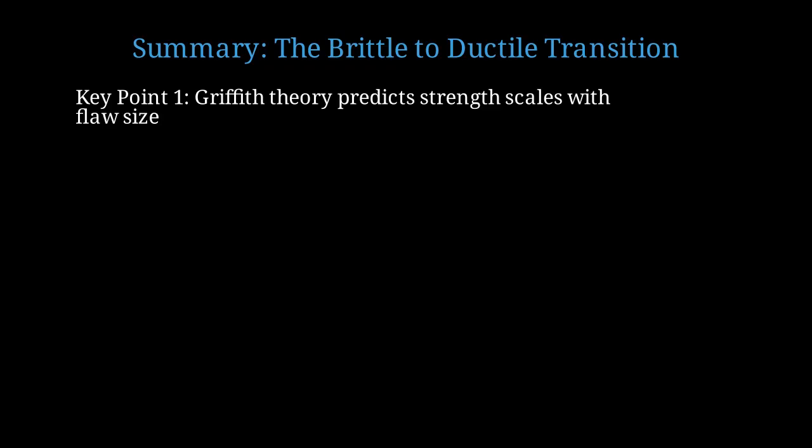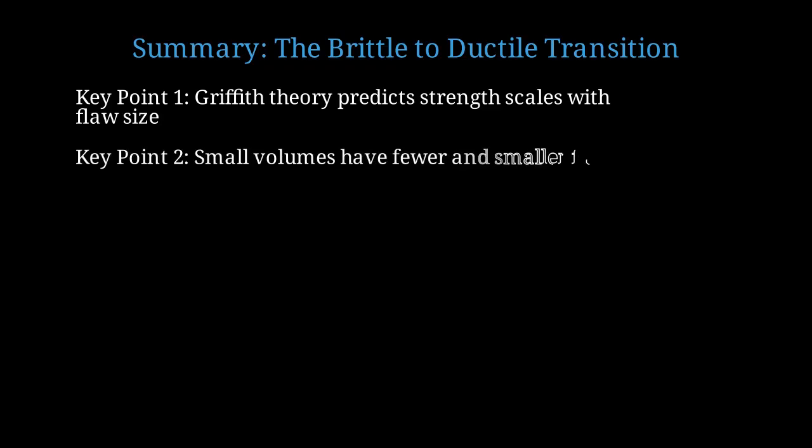Let me summarize the key points about the brittle to ductile transition in nanoceramics. First, Griffith fracture theory tells us that strength increases dramatically as flaw size decreases, with an inverse square root dependence. Second, small volumes have statistically fewer defects, and the defects that do exist are smaller, so the material is stronger.